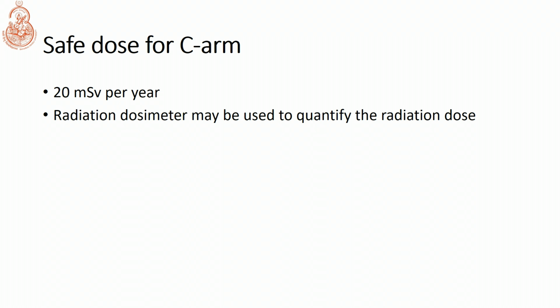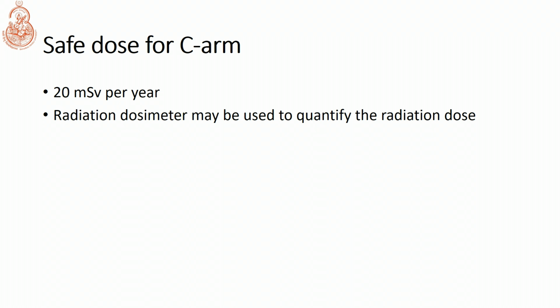When we talk about the safe dosage for C-arm, it's somewhere around 20 millisievert per year, and the radiation dosimeter may be used to quantify the radiation dose. This shall always be kept in mind: we shall always wear a radiation dosimeter whenever we are inside a facility where the C-arm is being used.